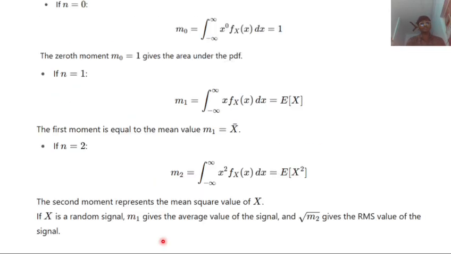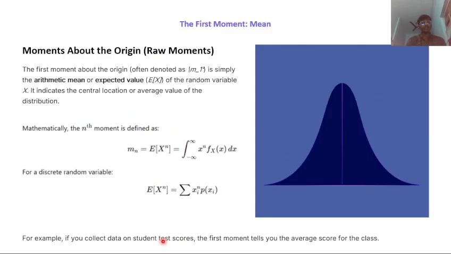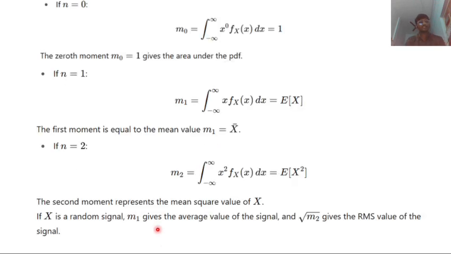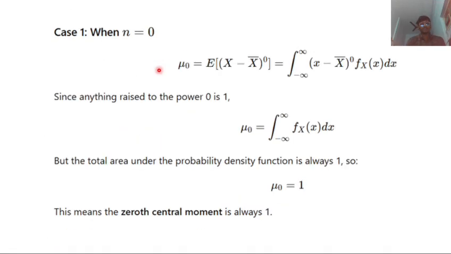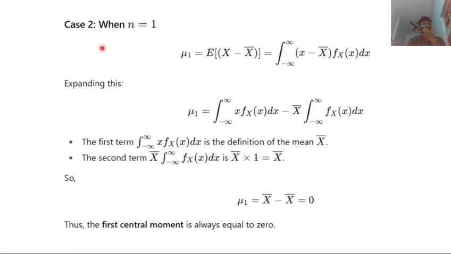If you see here, in the origin the zeroth moment m0 is equal to 1, and here the zeroth central moment is also 1. Case 2, when n equal to 1, mu1 is equal to E of (x minus x bar), equal to integral from minus infinity to infinity of (x minus x bar) fX of x dx.